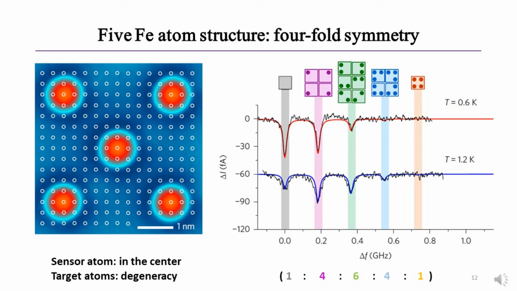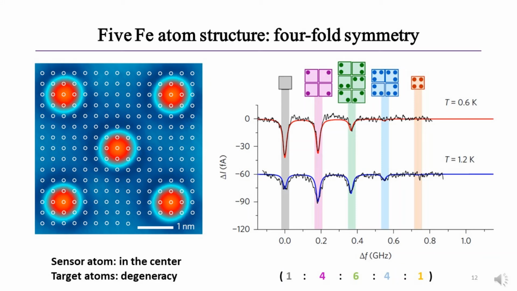Here in this slide, the author created a four-fold symmetry system by putting the sensor atom in the exact center, with the same distance to each corner atom. This four-fold symmetry leads to degeneracy of the excited states, as shown in the figure.